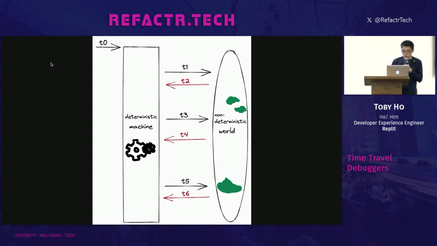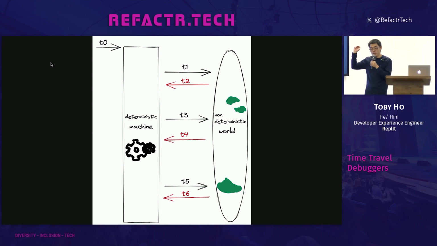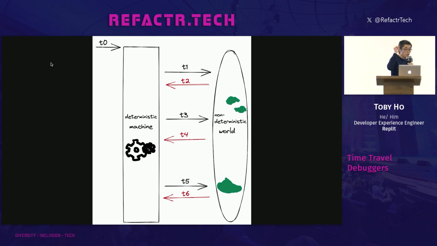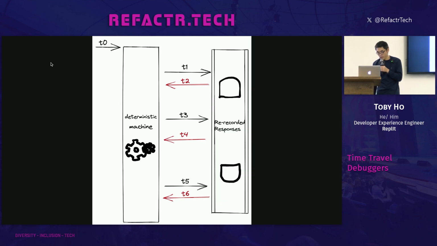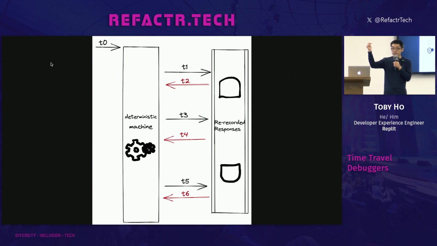What we can do is record every message it receives from the world, along with the content of the message, but also the timestamp at which it received that message, and we save it off somewhere in a file. And then after that, what we can do is rerun the program, but this time don't connect it to the world. We just connect it to a pre-recorded tape that plays back those messages at the exact precise time as the first run.